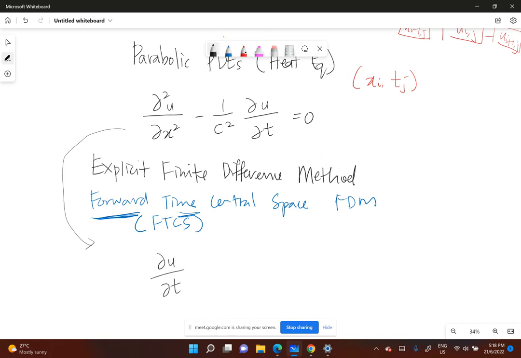Okay, so we will solve at xi tj, c square second partial derivative of u respect to x. So untuk di titik start xi tj.